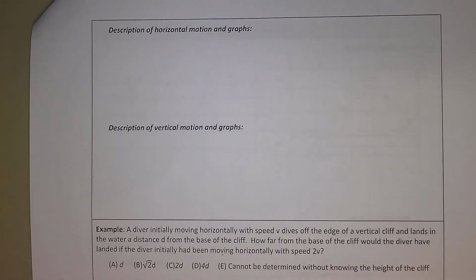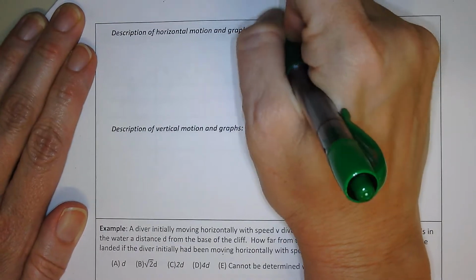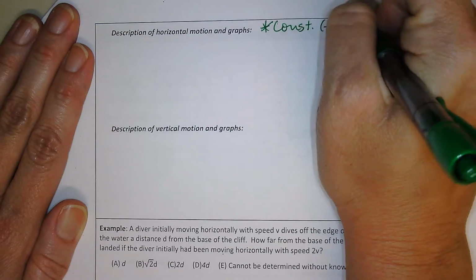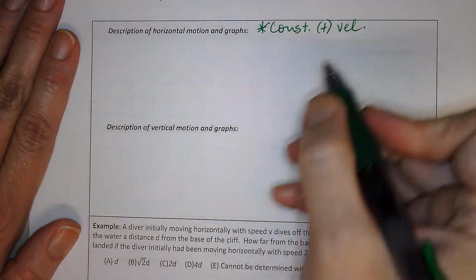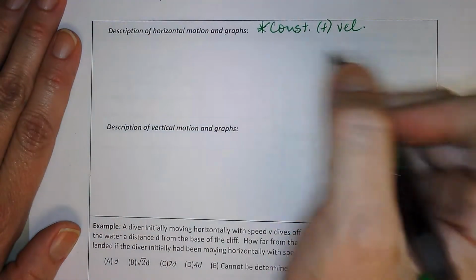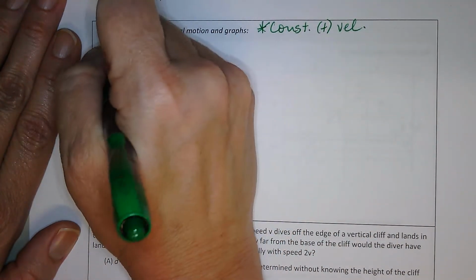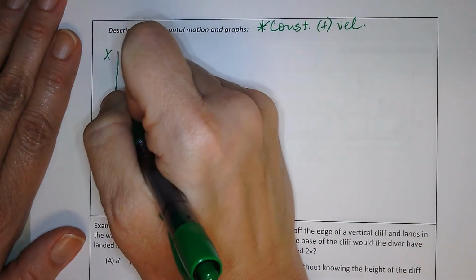Let's talk about our graphs. For the horizontal, think of it as constant positive velocity. It might be going negative, but for ease of making these graphs, let's call it constant positive velocity. So my x versus t is a straight line.